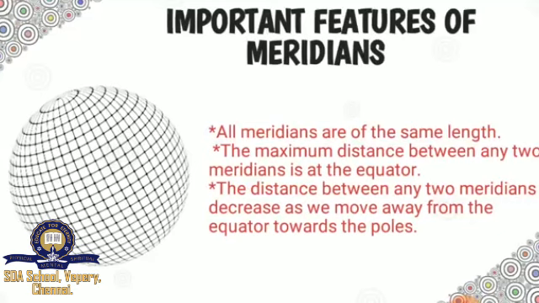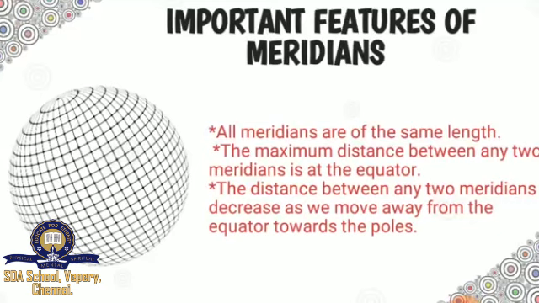Understand, students? Meridians are used to measure distances in east-west direction. I will say the features. All meridians are of the same length. The maximum distance between any two meridians is at the equator.